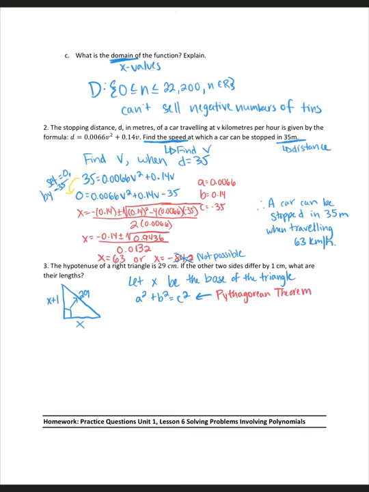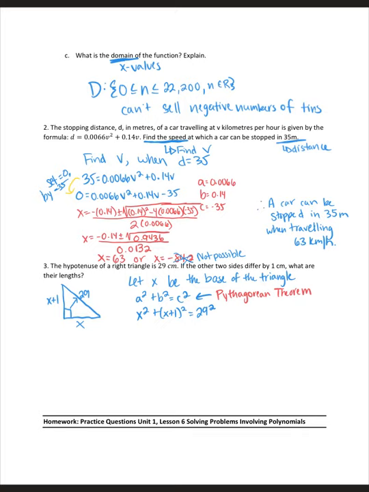So I'm going to substitute into this. Remember that c represents our hypotenuse. So I'm going to let a be x, b be x plus 1, and c be 29. Okay, so we will work to simplify this and then figure out what our possible x values are.